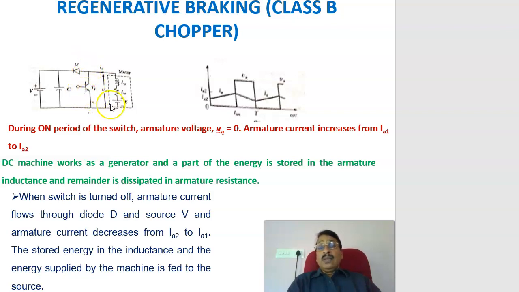Therefore, when the transistor switch is on, the voltage across the armature is equal to 0 because it is short circuited. Then, since the motor is running and there is an excitation, it works as a generator.